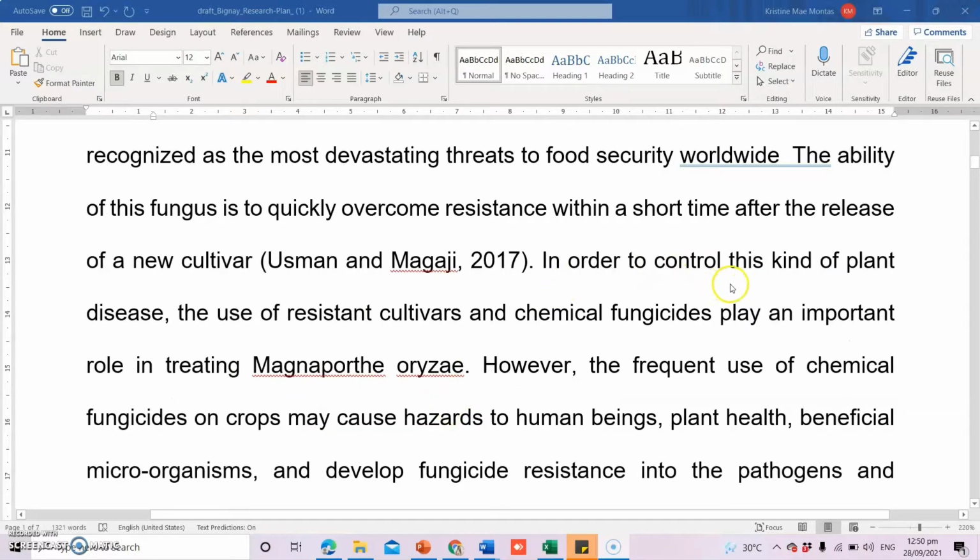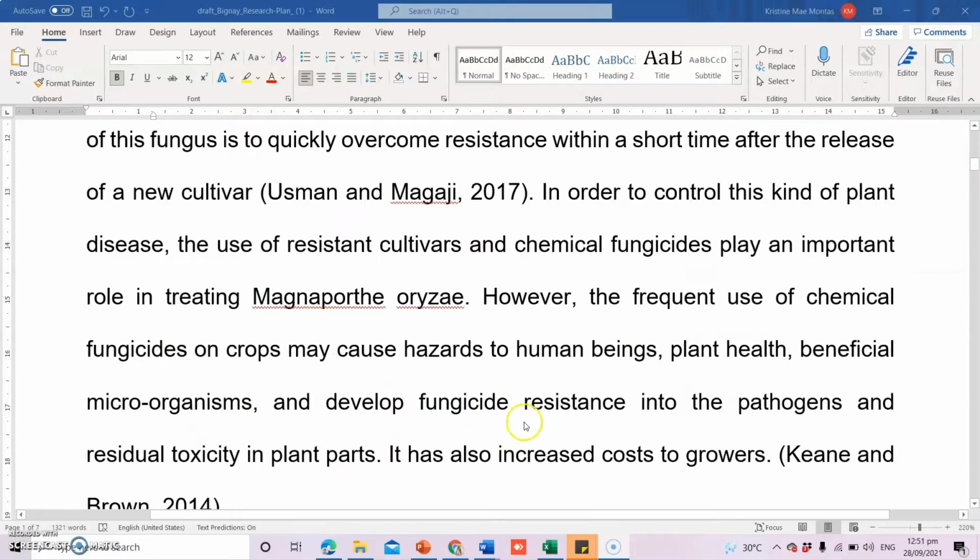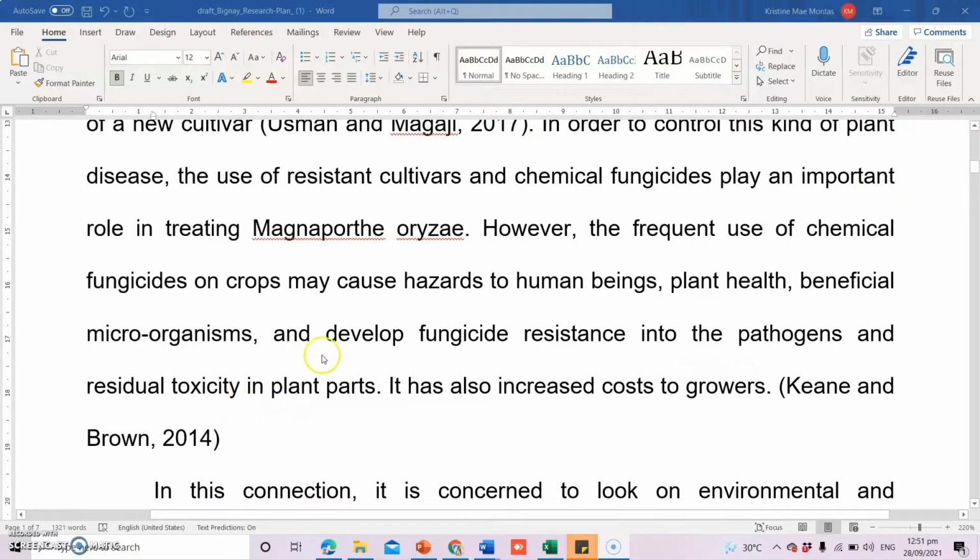So in order to control this kind of plant disease, the use of resistant cultivars and chemical fungicides play an important role in treating Magnaporthe oryzae. However, the frequent use of chemical fungicides on crops may cause hazards to human beings, plant health, and beneficial microorganisms, and develop fungicide resistance in the pathogens and residual toxicity in plant parts.